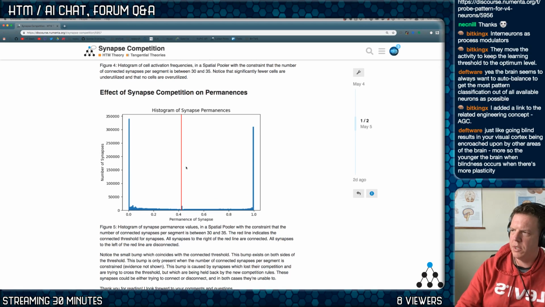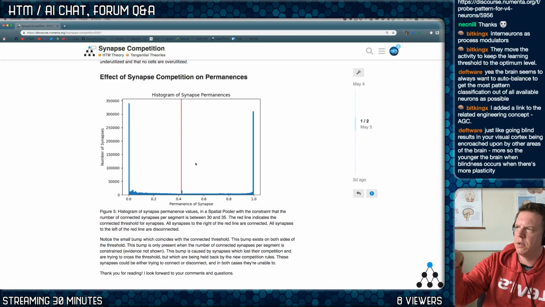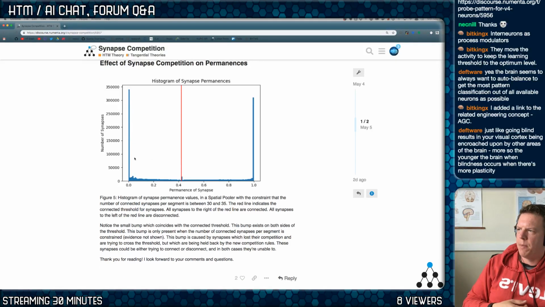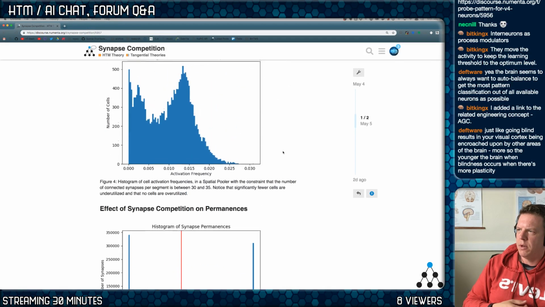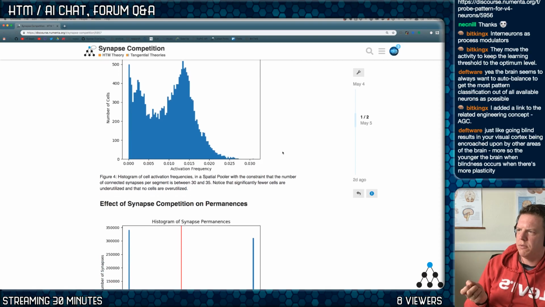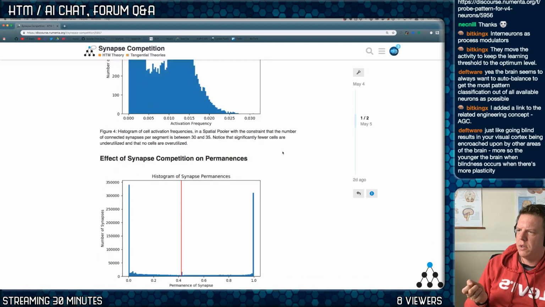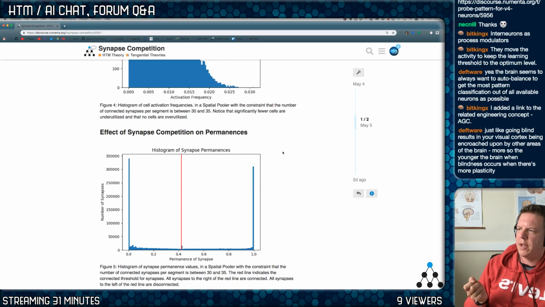But typically, maybe you're just showing, it shouldn't look like this, right? It seems odd that most of them are 0 or 1. Activation frequencies, I would think you'd want... Well, I guess after they've learned, perhaps that's the case.